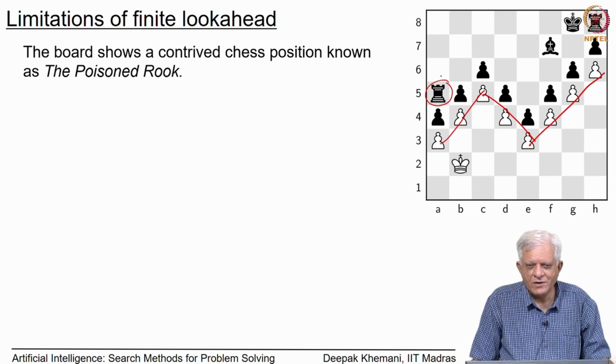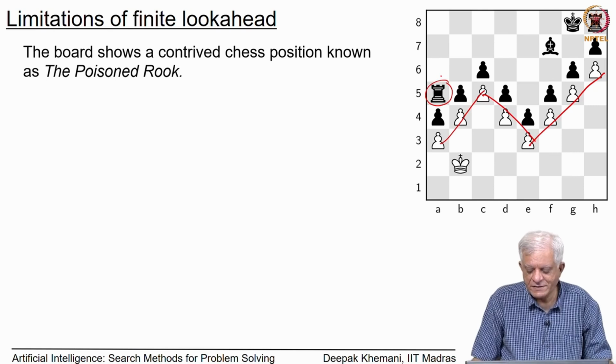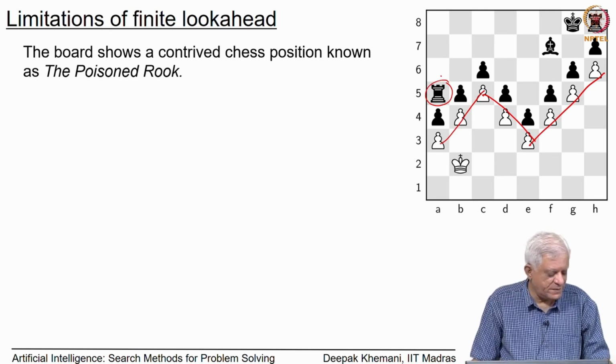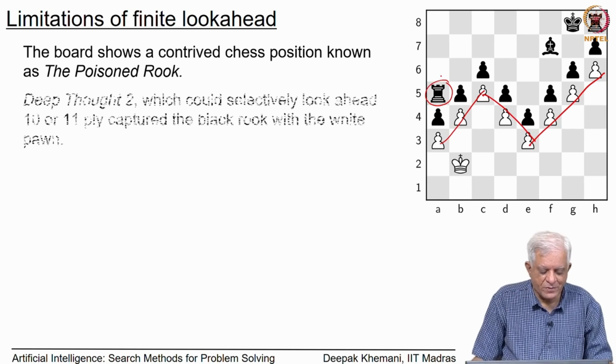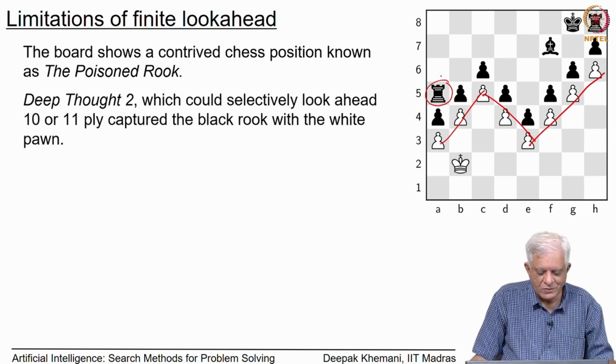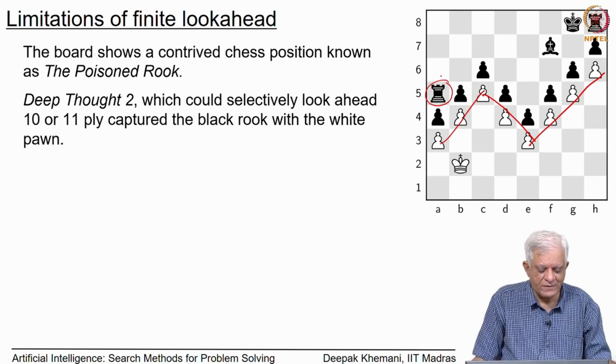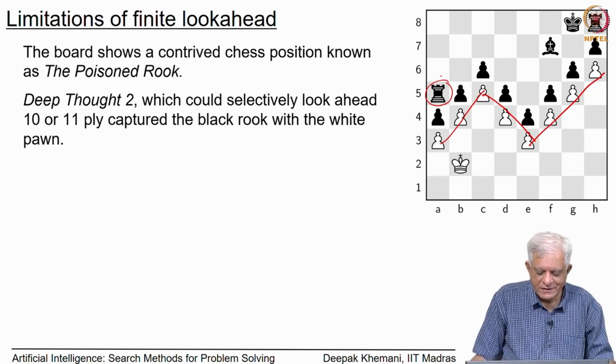Now, if you were to simply go by material advantage, which is what chess programs do, then capturing a black rook would definitely be worth its effort, and that is what this program called Deep Thought 2, which could actually selectively look ahead up to 10 or 11 ply, did: it captured the black rook with the white pawn.